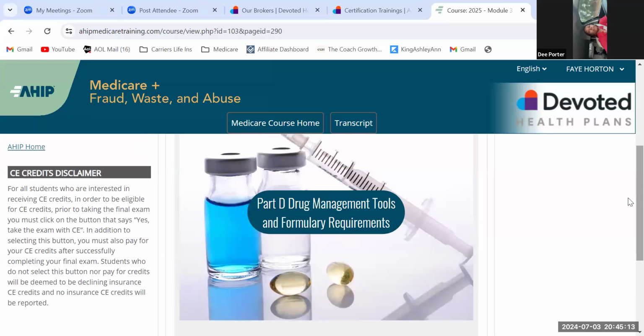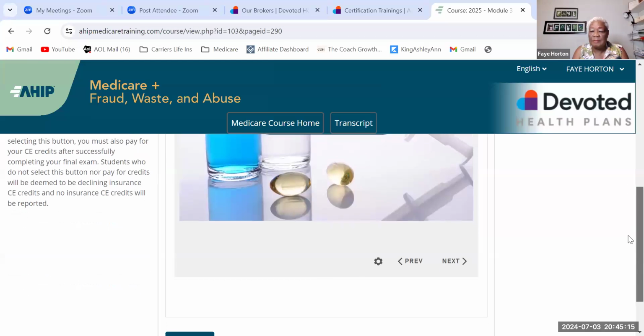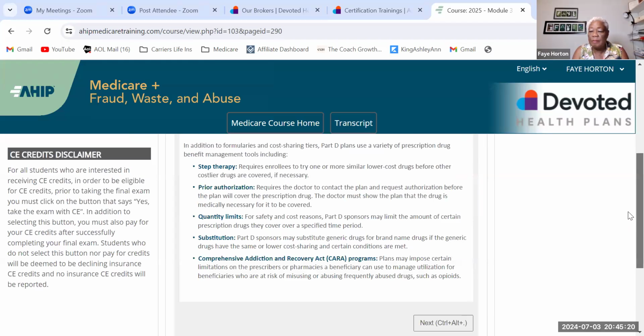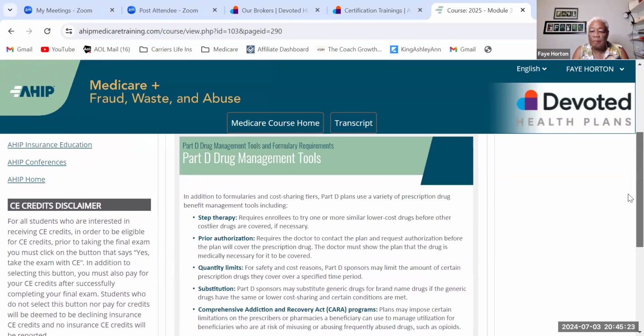Part D management tools and formulary requirements. In addition to formularies and cost-sharing tiers, a Part D plan uses a variety of prescription drug benefit management tools, including step therapy, which requires enrollees to try one or more similar lower-cost drugs before other costlier drugs are covered, if necessary.